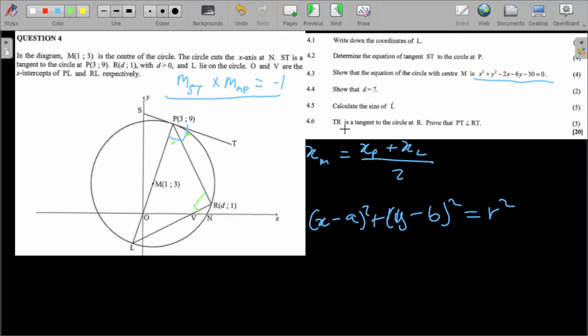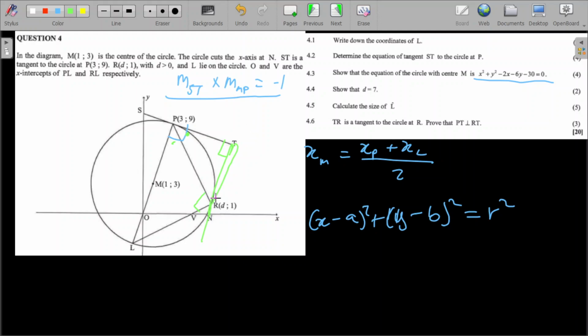Now TR, where is TR? Okay, they're saying TR is a tangent to the circle at R. Prove that PT is perpendicular to what? To RT. So proving that this one is 90 degrees. How do we prove that one? Obviously, we do have the gradient of this line because we do have an equation of this line.